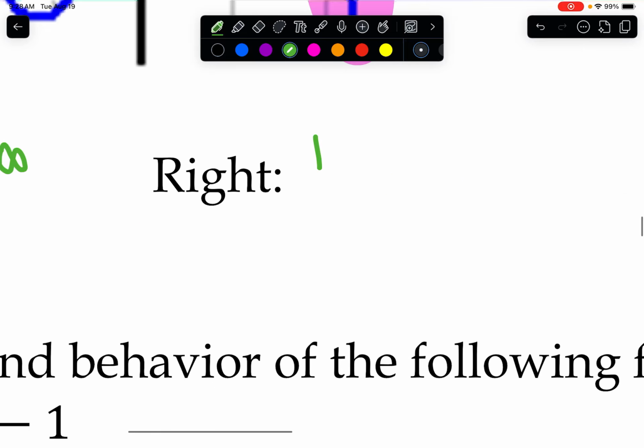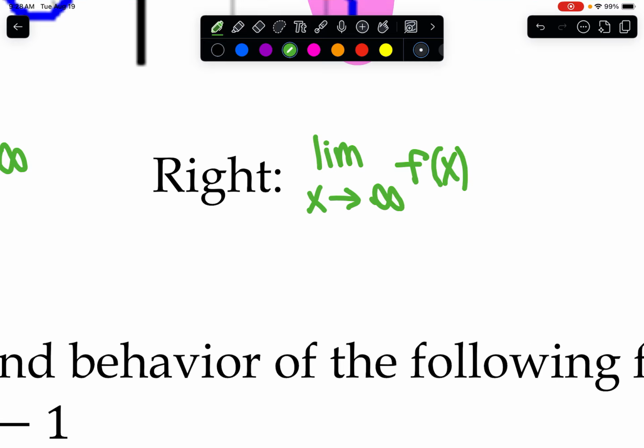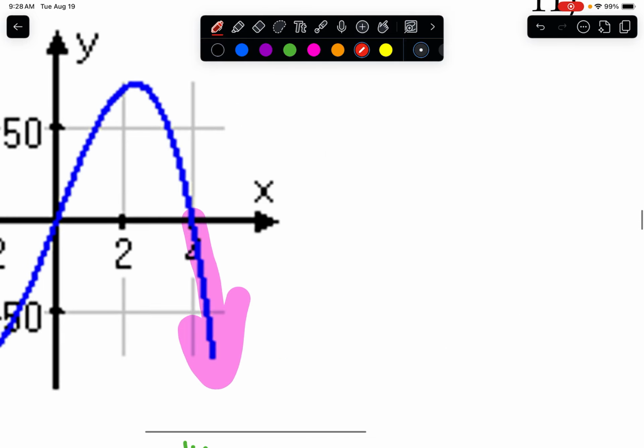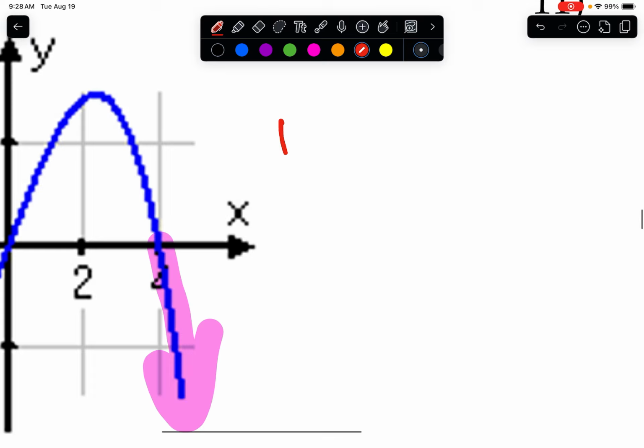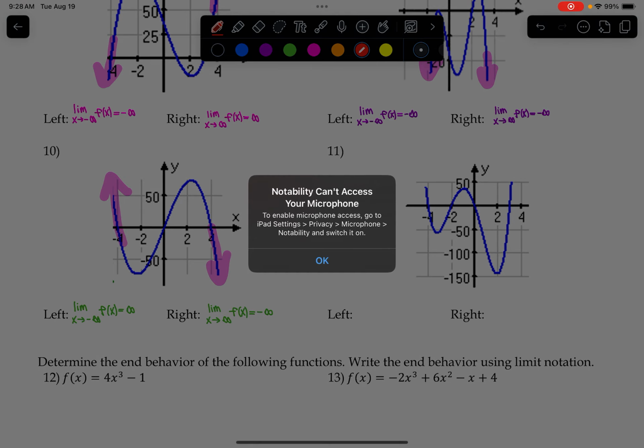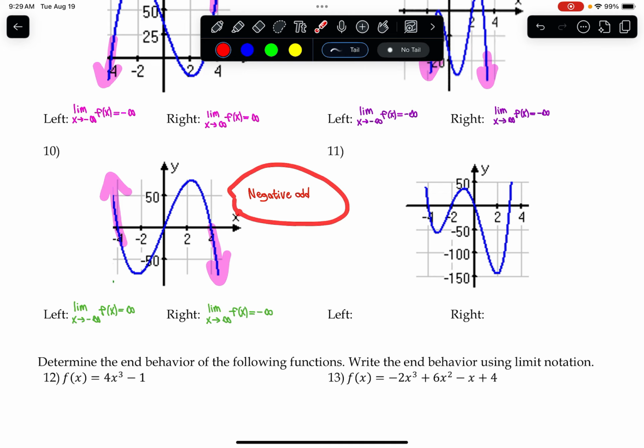And then on the right side, my limit as x is approaching positive infinity of f of x, as I go to the right side, we're decreasing, which means we're going towards negative infinity. So this type of graph is what we refer to as a negative odd.